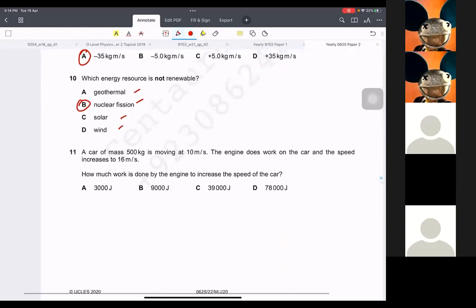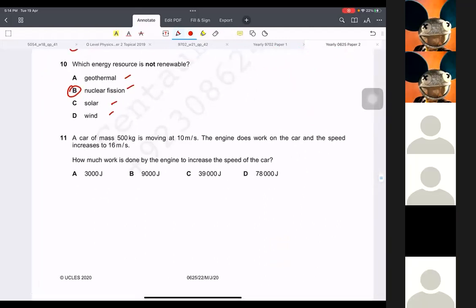A car of this mass is moving with this energy. The engine does work on the car and the speed increases to this. How much work is done? So the change in velocity, final minus initial. The change in kinetic energy would be the work, right?